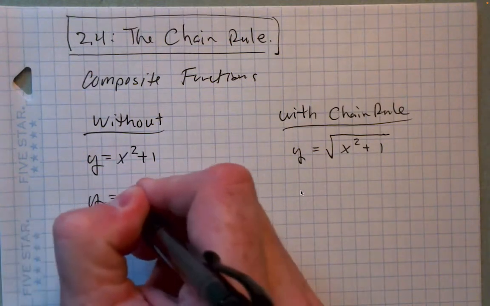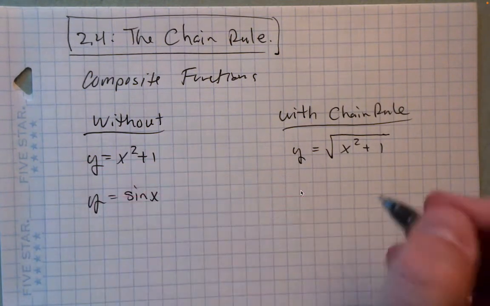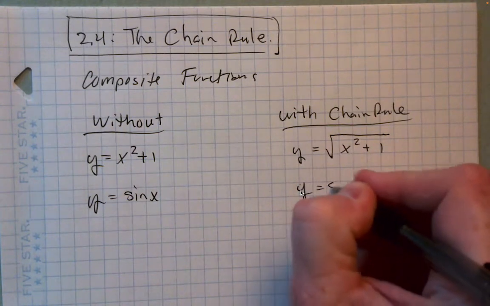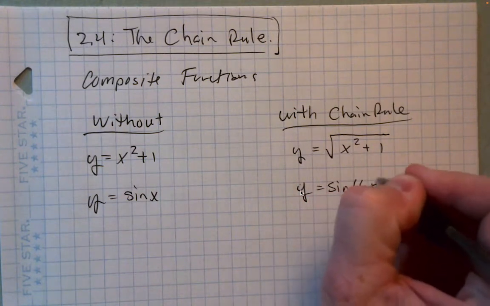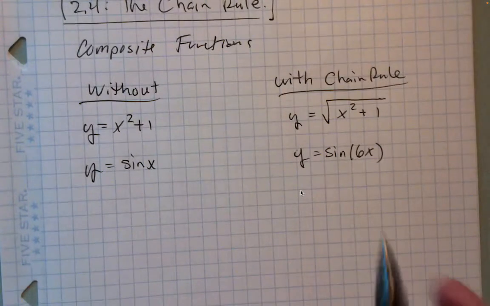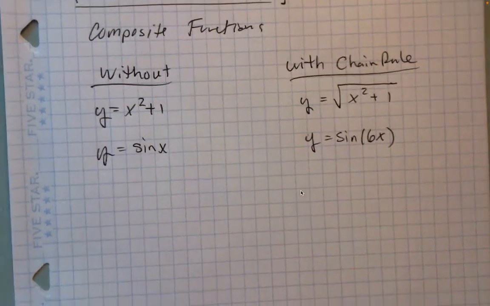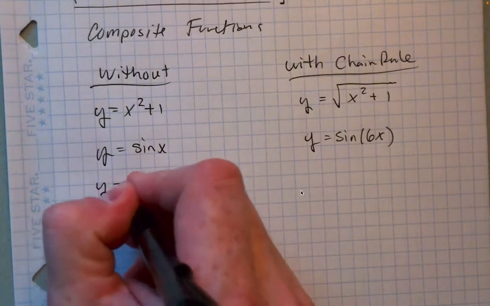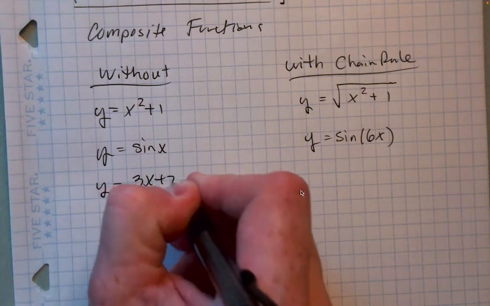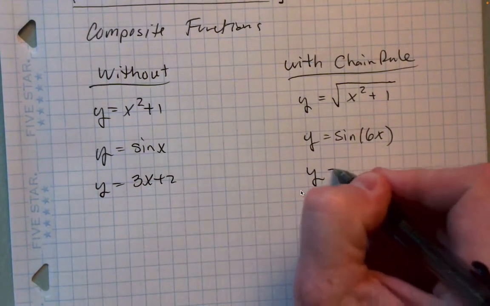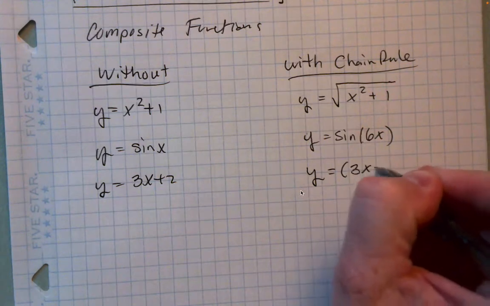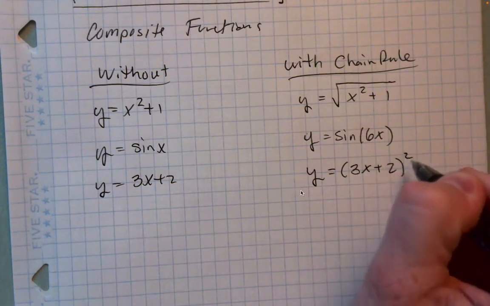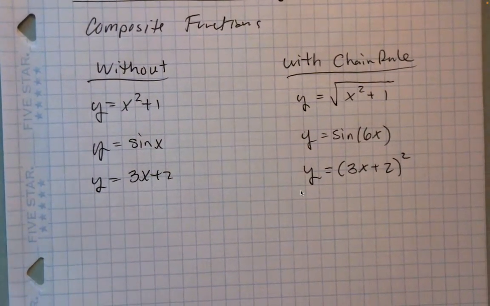Over here, we can do things like y equals sine x, no problem. But what about y equals sine 6x? All right, so here you've got something like a composition as well. Y equals 3x plus 2, or just any polynomial. Well, now we can take polynomials or other functions raised to a power with the chain rule.